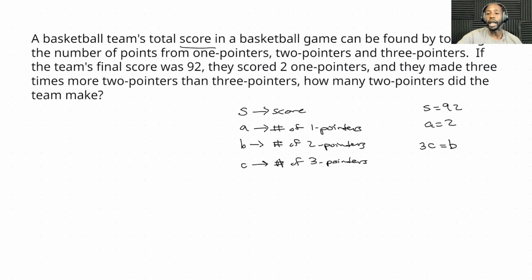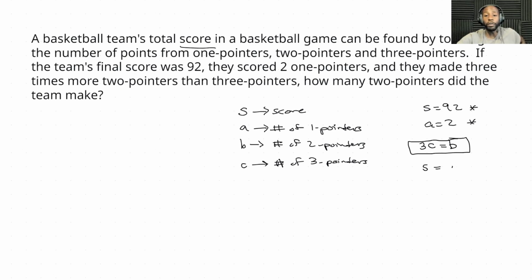All right. Now, so we already know what 2 of the variables are here. Then we have an equation here that shows a relationship between 2 variables. And then finally, we need another equation that's going to tell us how to find the score in general. The score is found by adding up the total number.